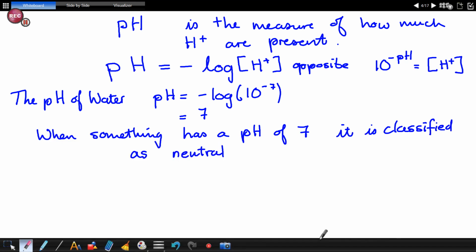The water itself doesn't change. The water alone, according to pH, is neutral. So your idea of water as being neutral, out there to people who do not do chemistry or physics, that is true. Water is neutral because its pH is 7.